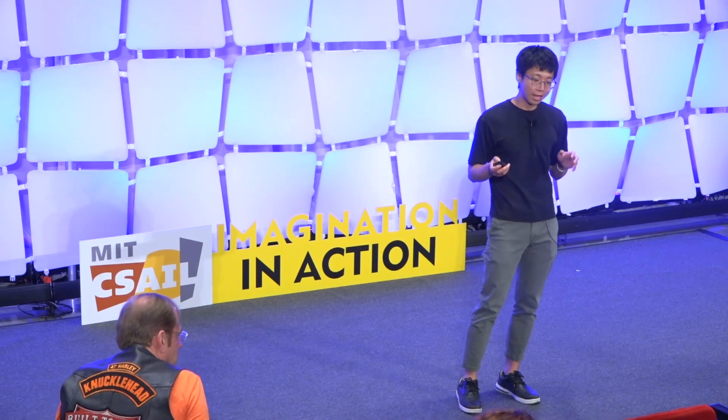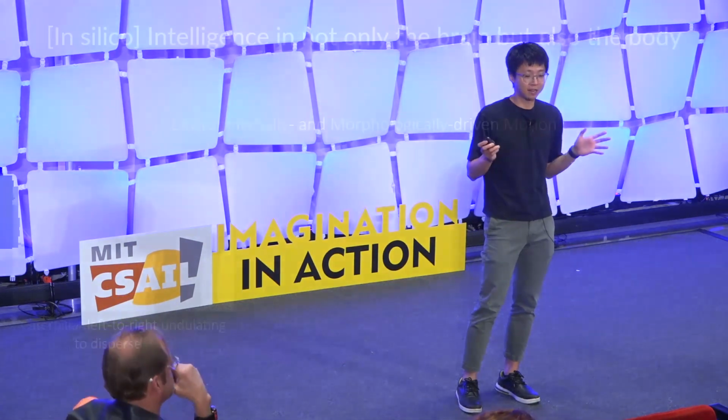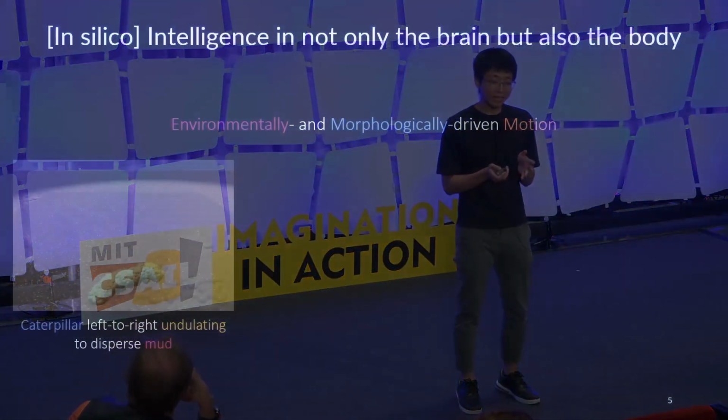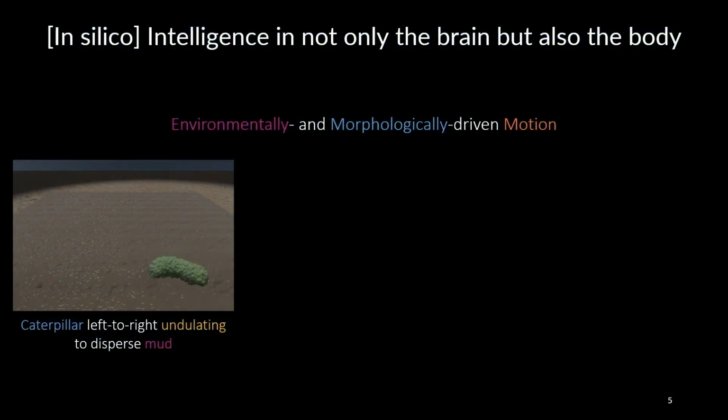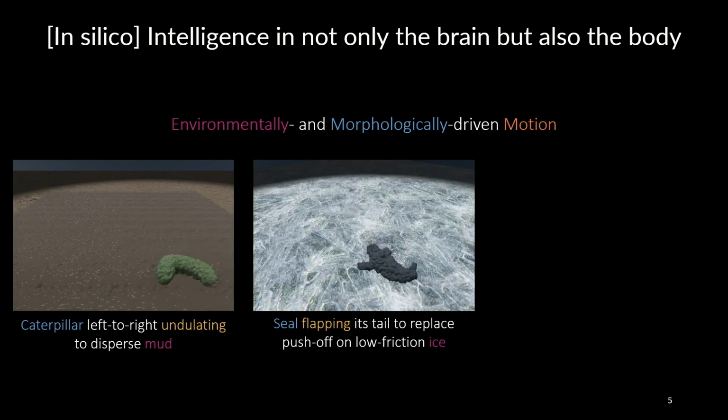For example, among all the different kinds of animals, caterpillars excel in muddy environments by undulating their body left and right to disperse the mud and move forward. Another example is in a very low-friction icy land, where it's hard to propel yourself using friction. So, for example, rotating yourself or flapping your tail creates more of a normal force.